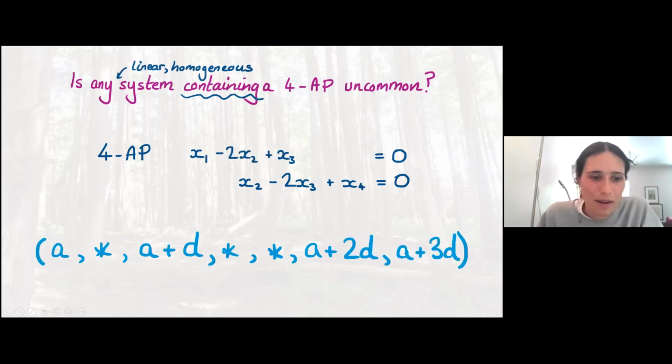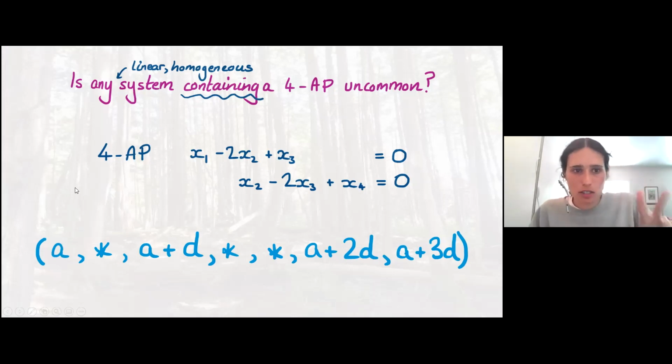So the best way of thinking about containing a 4AP is to say, okay, you've got a system which, when you parameterize the solutions, has these 4 coordinates that can be parameterized in this special way: a, a plus d, a plus 2d, a plus 3d.